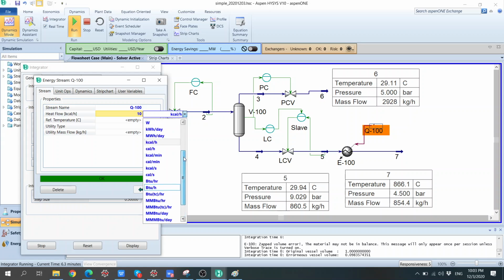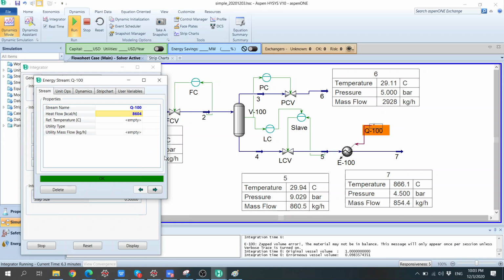10 kilowatts. At 10 kilowatts, it goes to somewhere around here. So 10 kilowatts is also very big. So make it maybe 1 kilowatt.